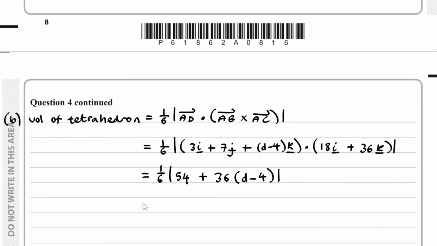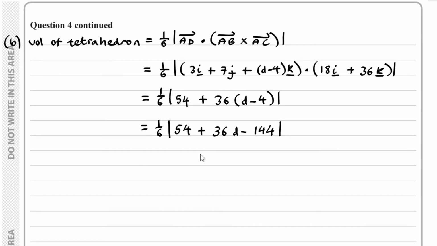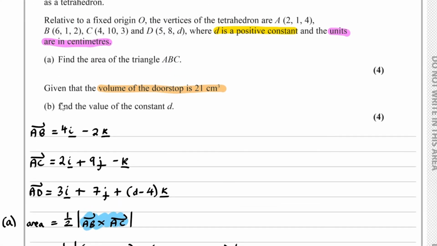Okay, so we have 1/6 lots of the magnitude of 54 plus 36d minus 144. And we know that this is equal to 21. Okay, we were told in the question that the volume is 21.